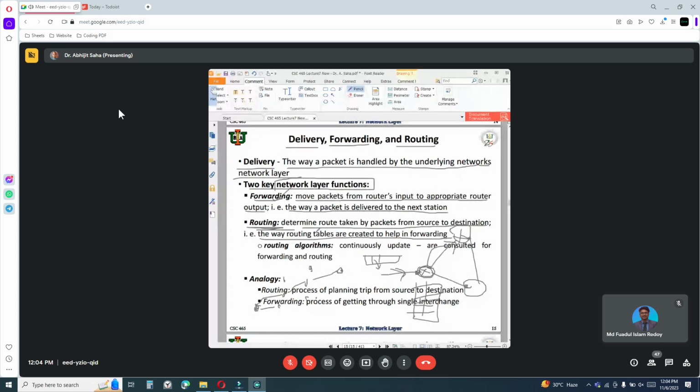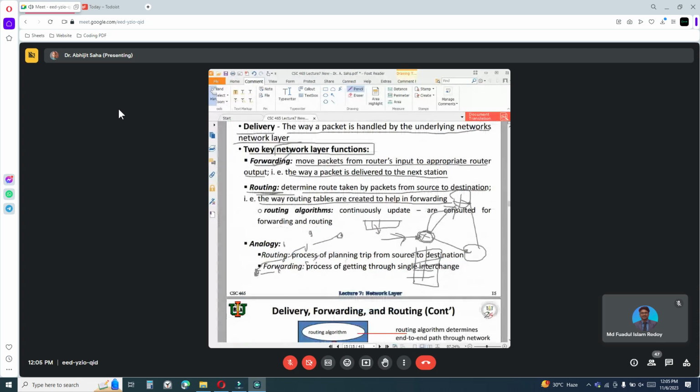So routing is determining the route taken by the packets from source to destination, the way routing tables are created to help forwarding. Once the path is created, each node has a routing table, and by following the routing table it sends the packet from one node to another node.